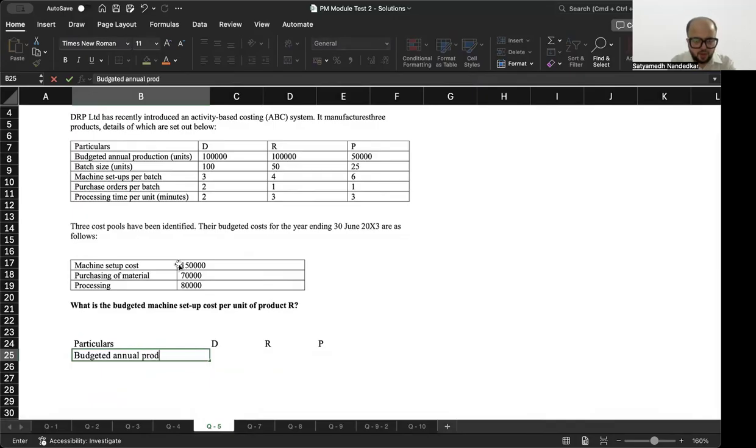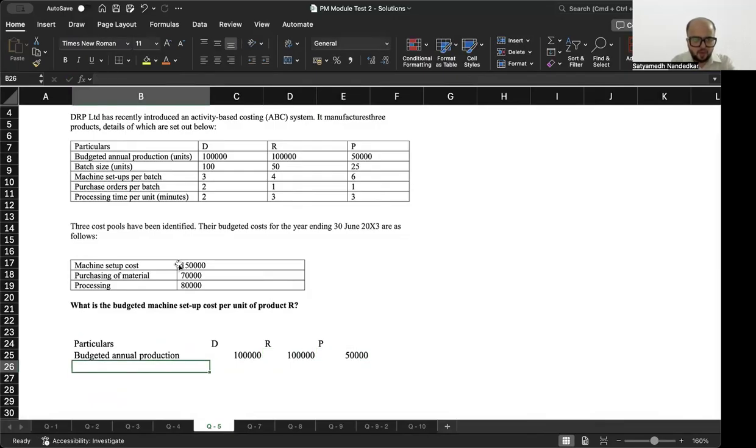Budgeted annual production: 1 lakh, 1 lakh, 50,000. Batch size is 100, 50, 25. Okay, this is A, this is B.